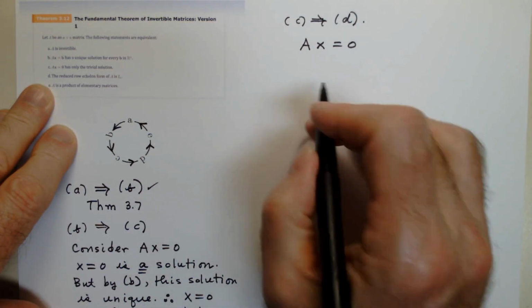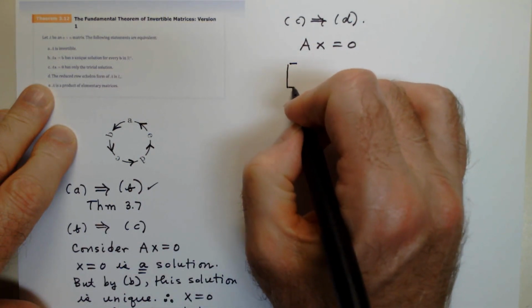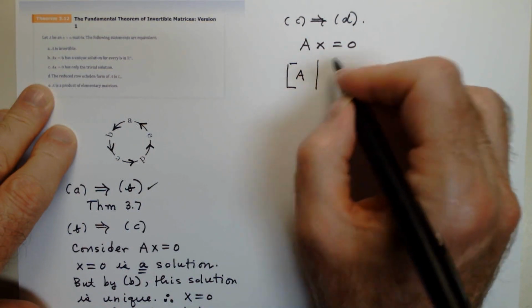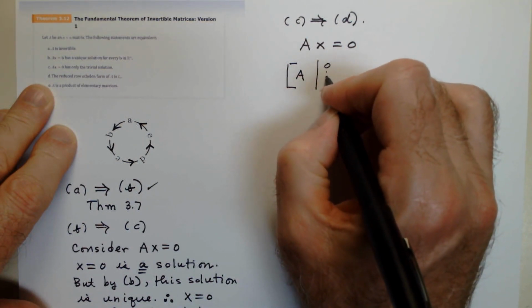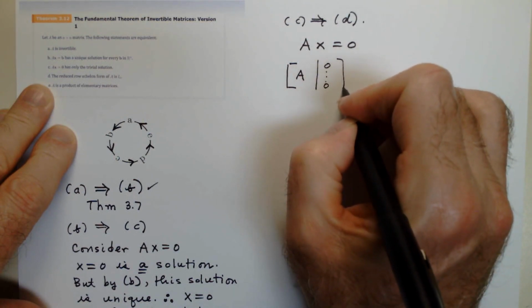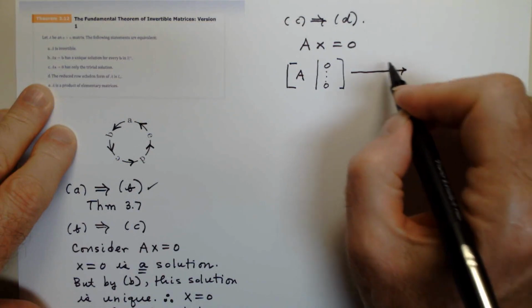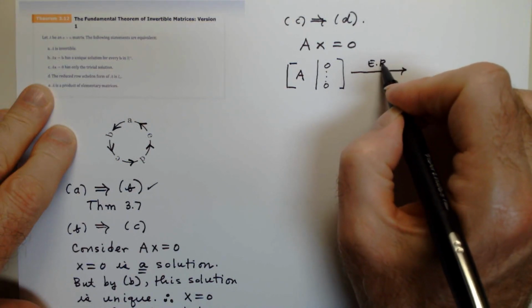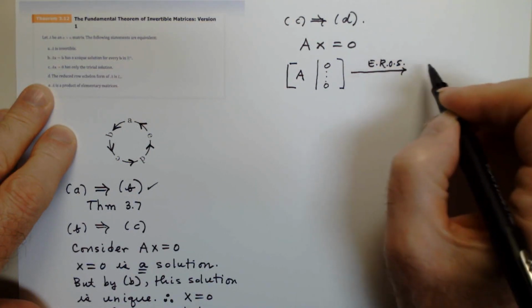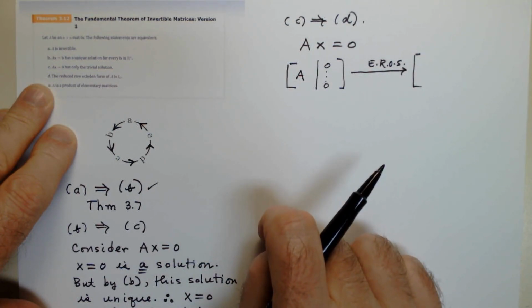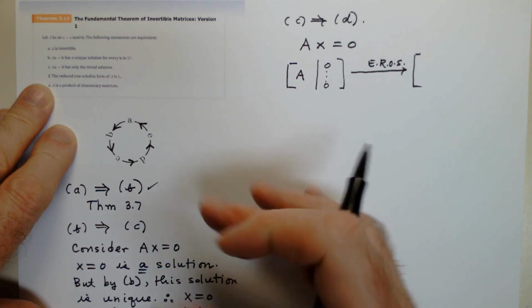One way of thinking about this is to look at this augmented matrix, where I take the matrix of coefficients and I augment it with this column of zeros. Then we would do row steps until we had A in its reduced row echelon form. Now, I'm not going to make any assumptions about what that form looks like.